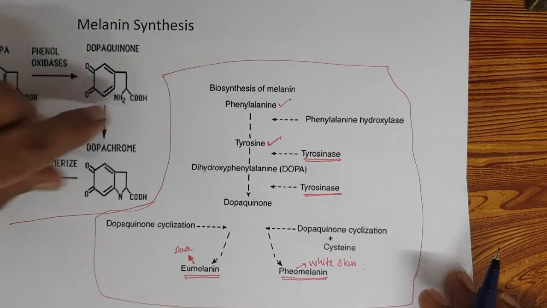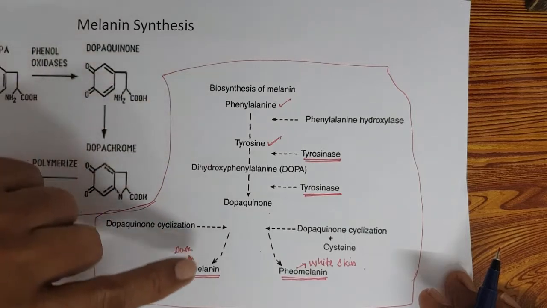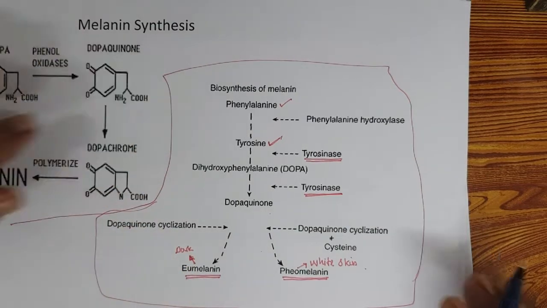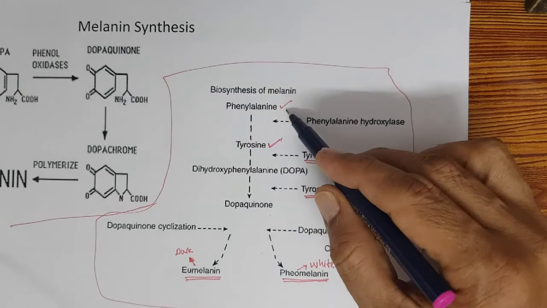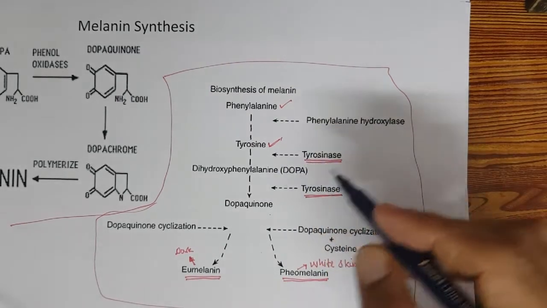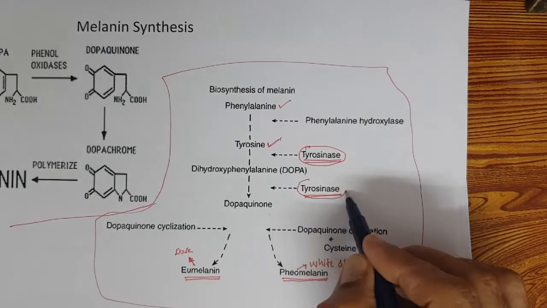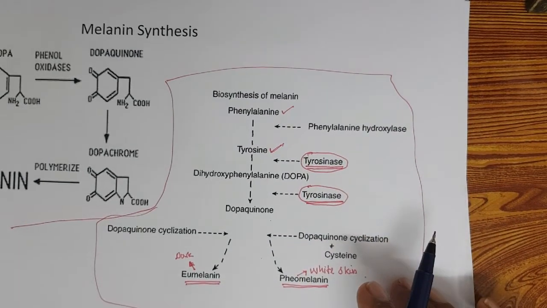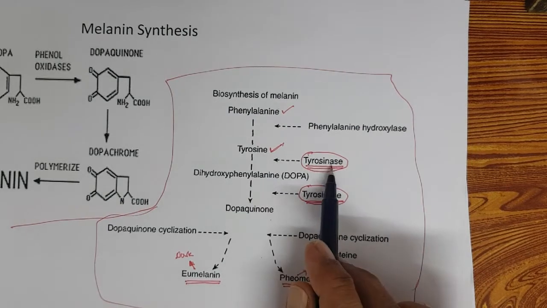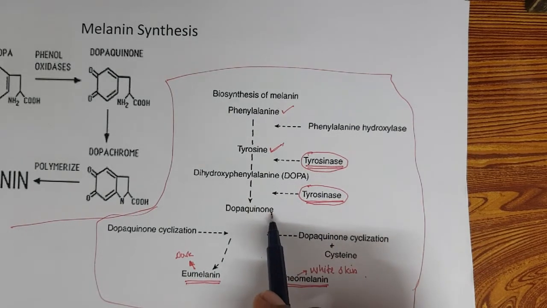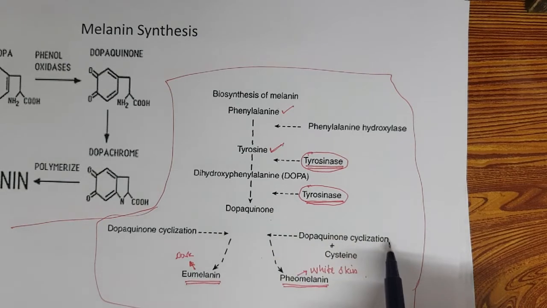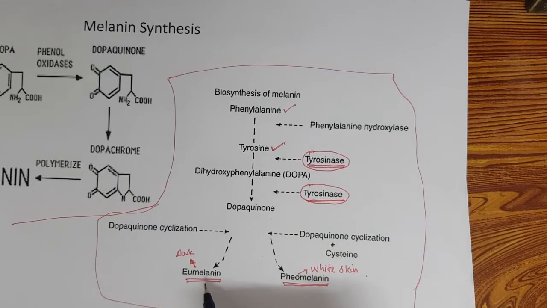Melanin is synthesized from phenylalanine, then tyrosine, and remember the enzyme tyrosinase, because we will come back to this later. Tyrosinase converts it into dopaquinone, and then it cyclizes and polymerizes to form eumelanin and pheomelanin, which are enclosed in melanosomes, right?